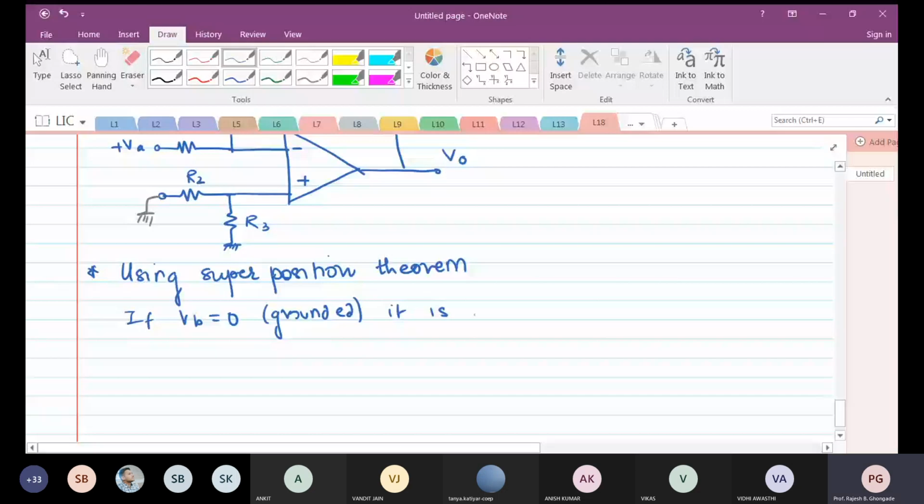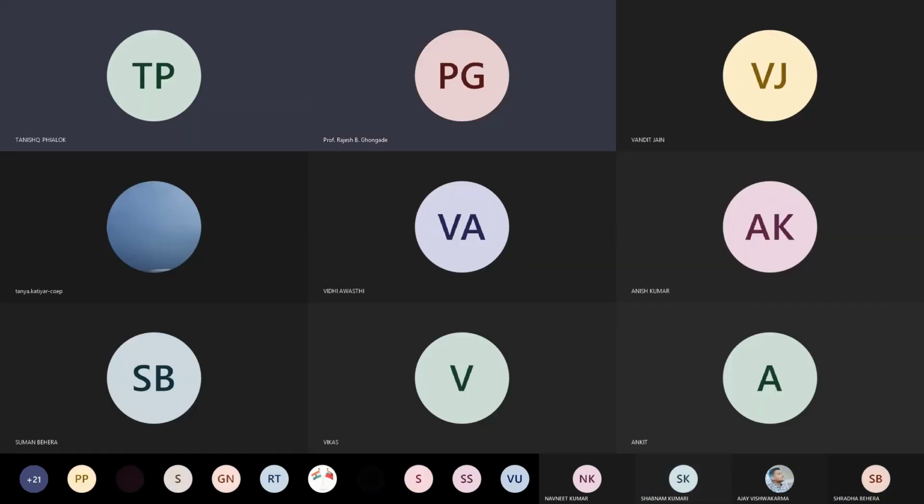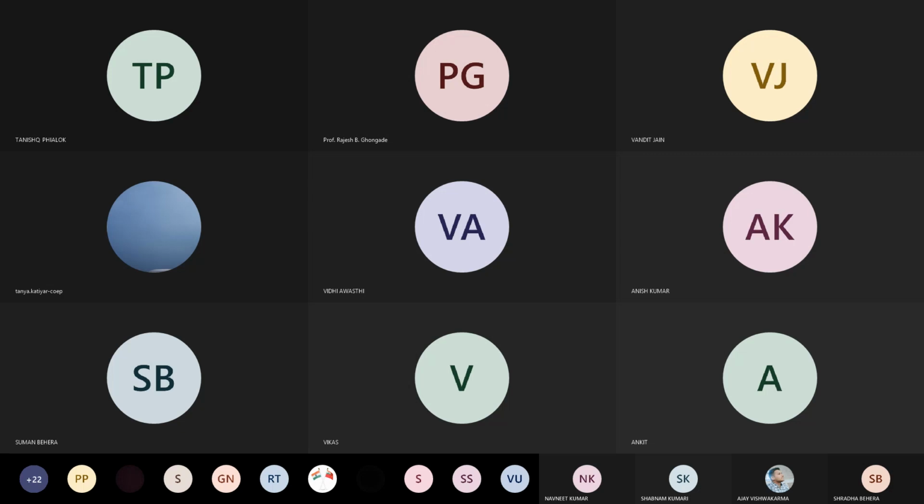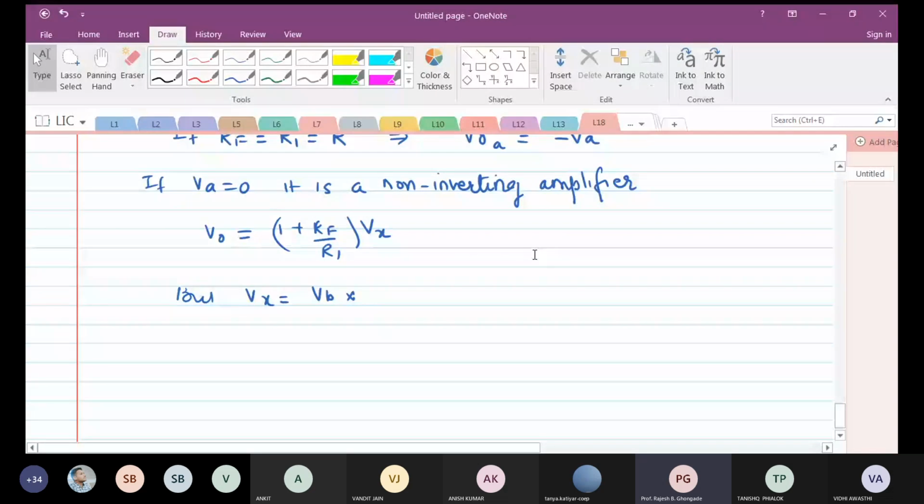Screen is not visible to me, I guess. I've tried joining again also. Many students are saying the screen is not visible. I'll share it again. I thought others were silent; they don't bother, they don't care about what is going on.